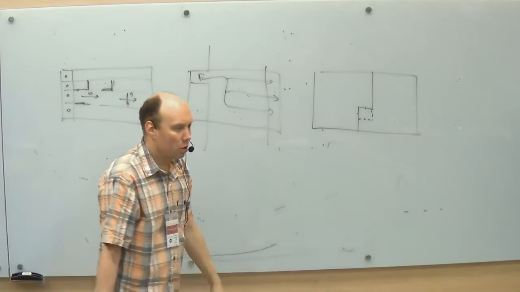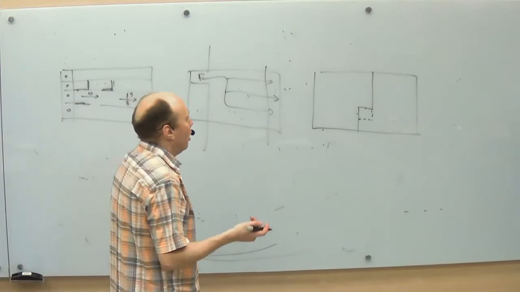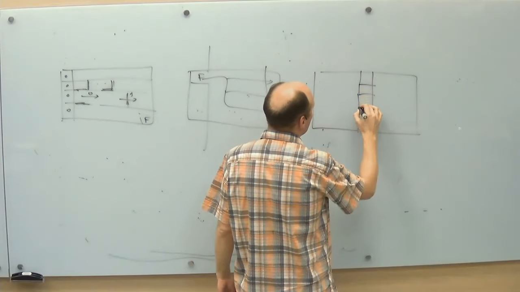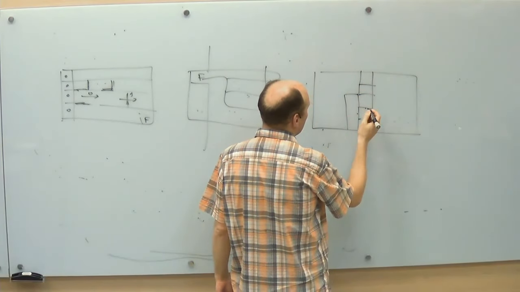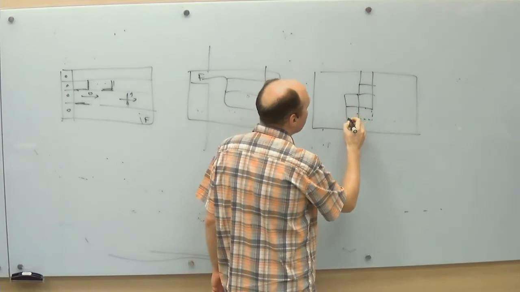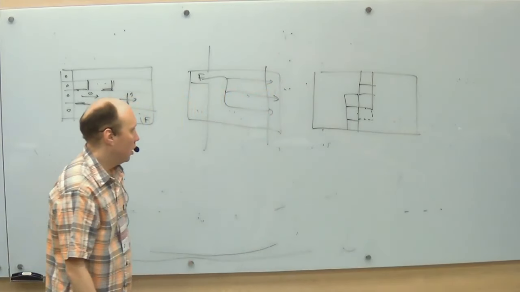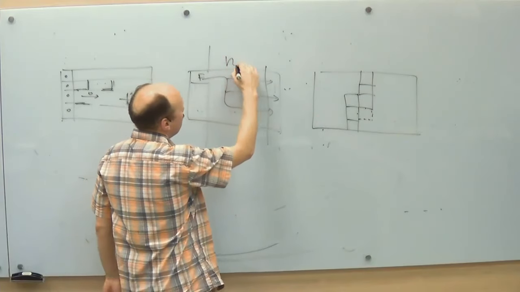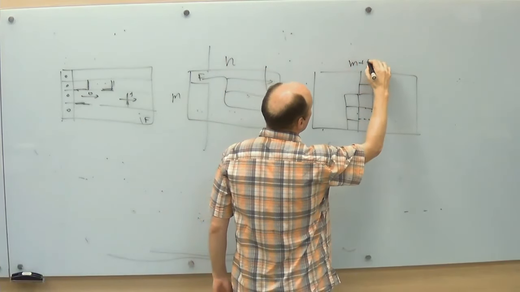And what do we keep track of? The first idea, we just keep track of the shortest path to each of these. So it's m plus 1 cells.